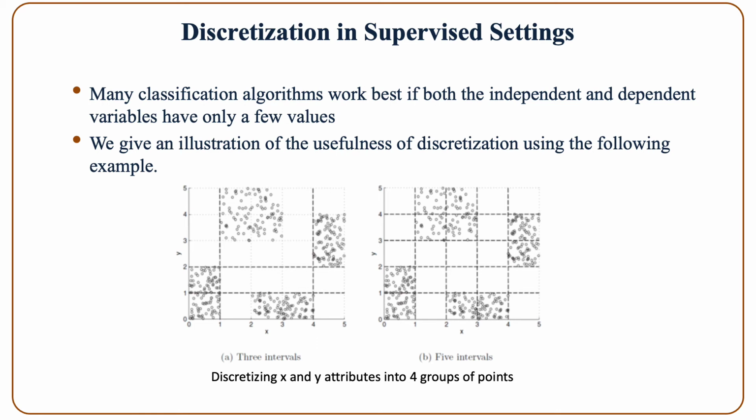In the example on the left, we discretize x and y into three intervals. And in the second example, we discretize x and y both in 5 intervals.